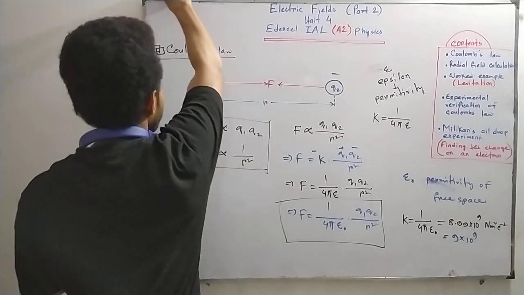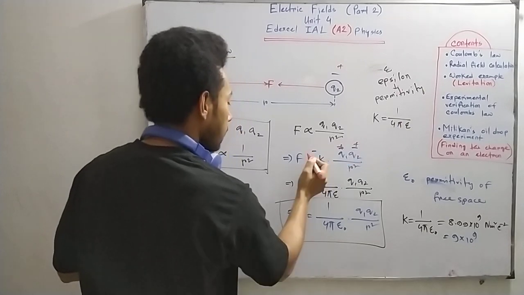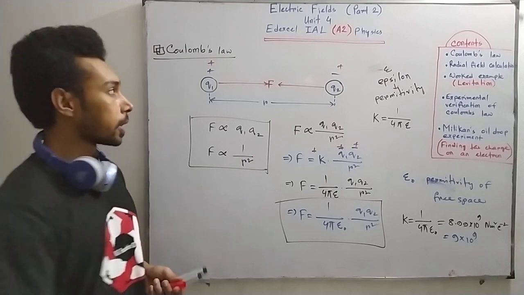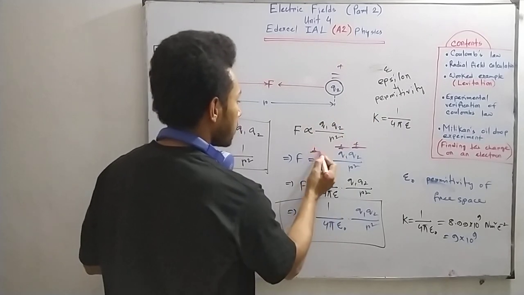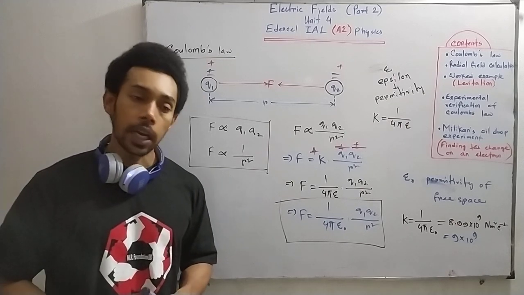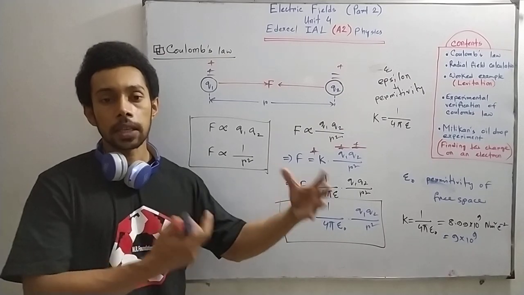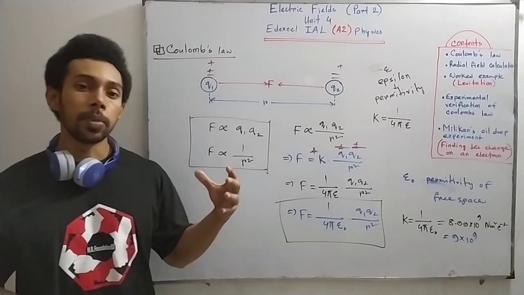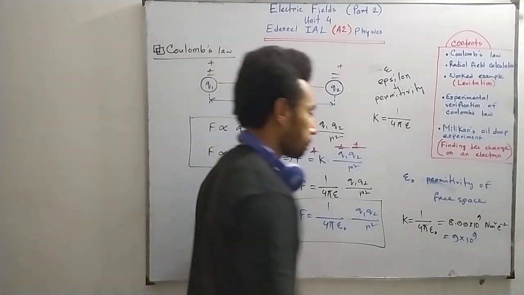If both have positive charge, plus plus, the result will be positive, and it shows that the force will be repulsive. If both of them have negative charges, negative negative, the product will still be positive, therefore the force is repulsive. So the force will be attractive if the charges are opposite, and repulsive when the objects or particles have similar or like charges.